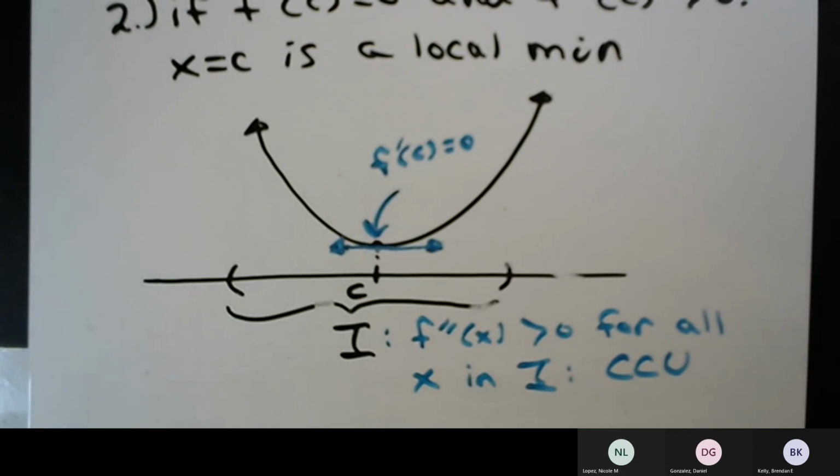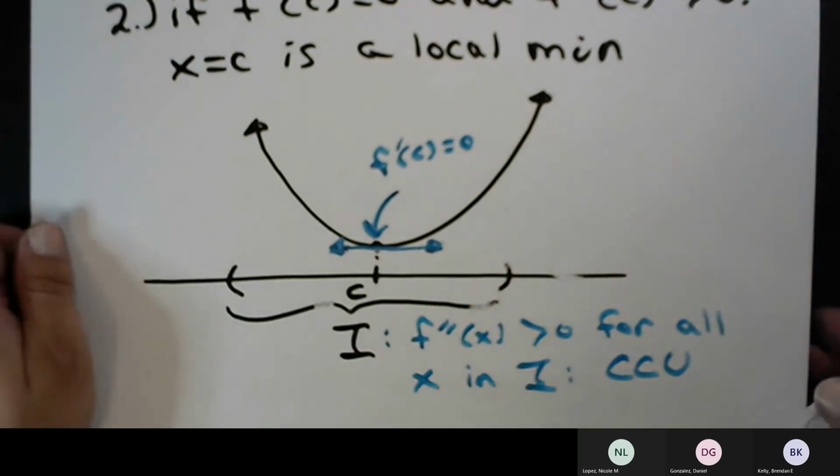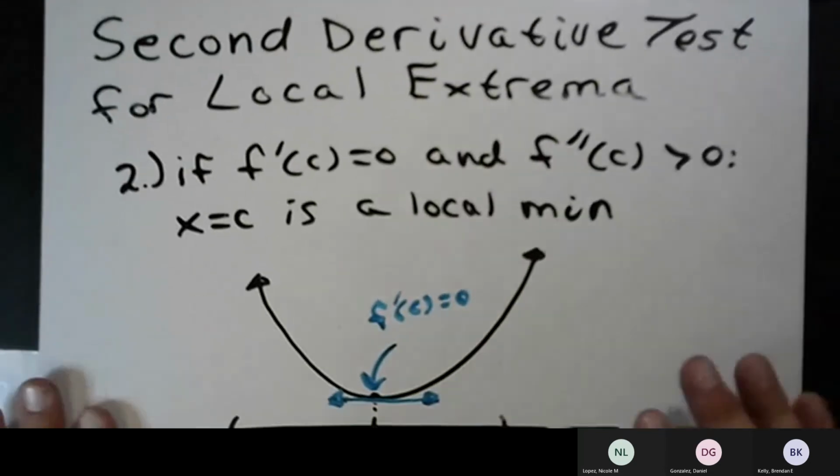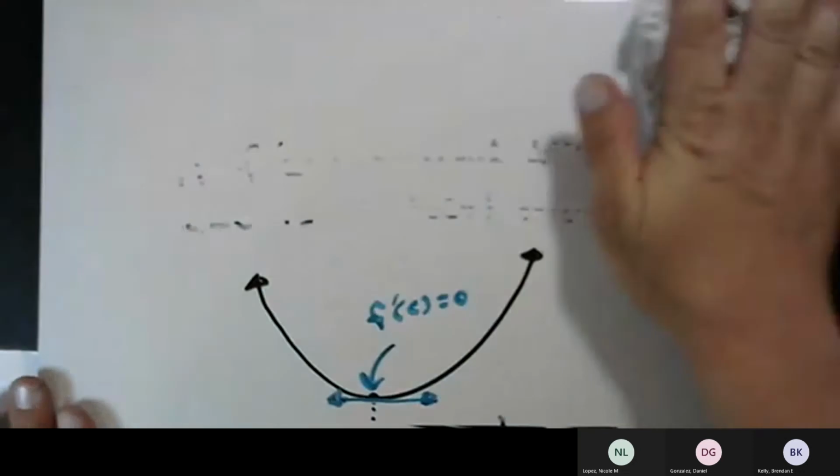I'm going to go through an example on how to use this to graph a function, and then that'll finish us up for section 4.4. And that'll be it for today. So if you do have another class, don't worry, I'm recording this. You can go to that class, and I'll post this video shortly.